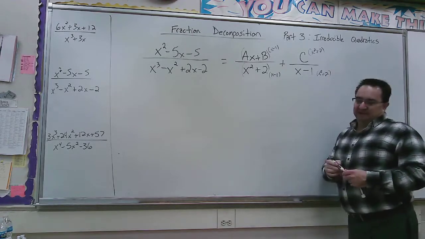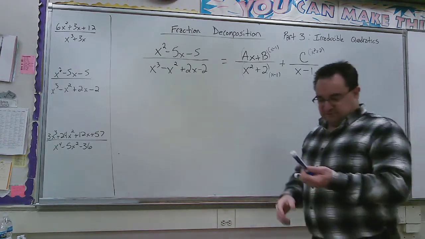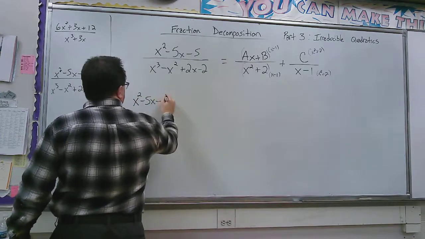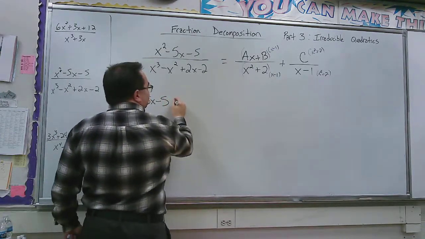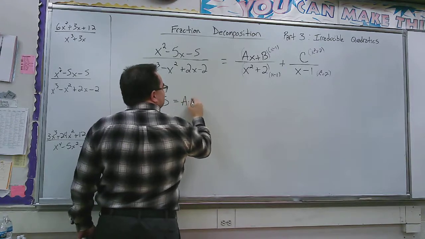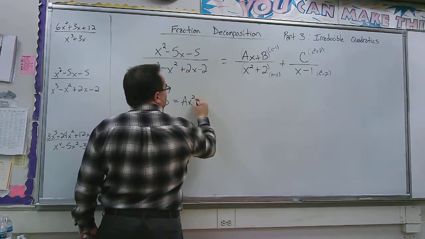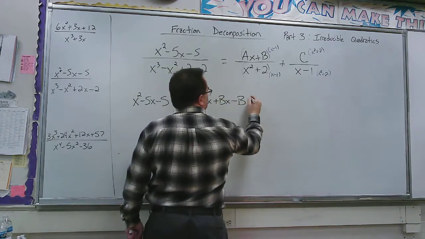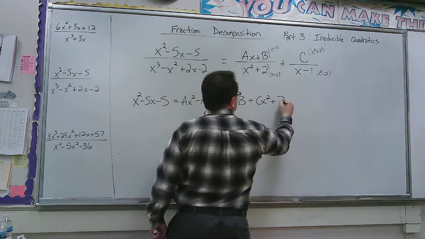I already know how the denominators will work out. That's the whole point, so we'll focus on the numerators. In video 1, I showed you why that's legal to do. So this is ax squared minus ax plus bx minus b plus cx squared plus 2c.